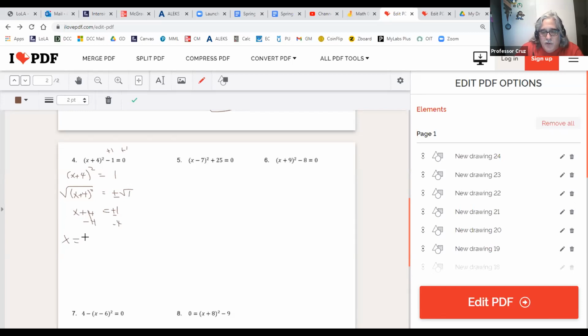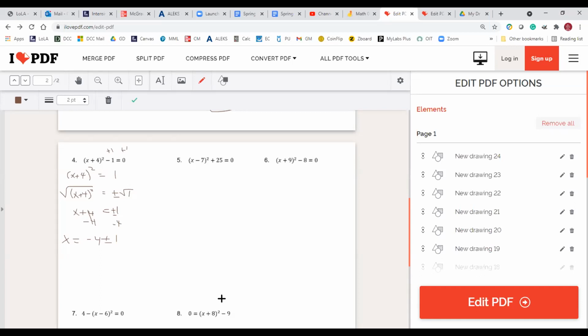So what do we get? Negative 4 plus or minus, don't forget that. So what are those 2 solutions? -5 and -3.